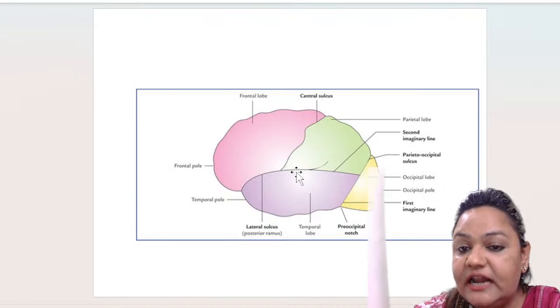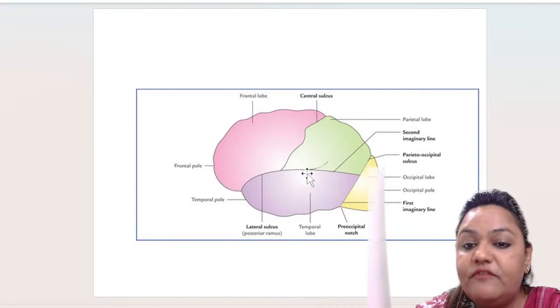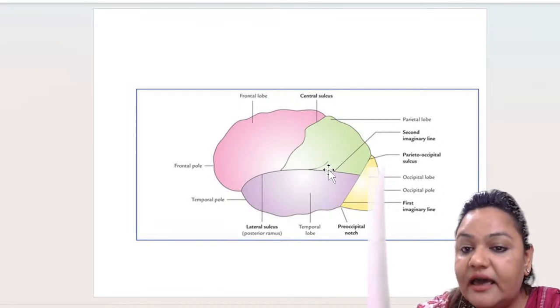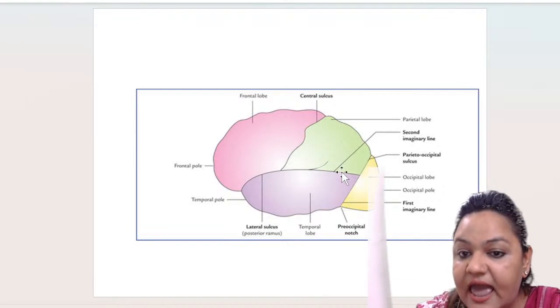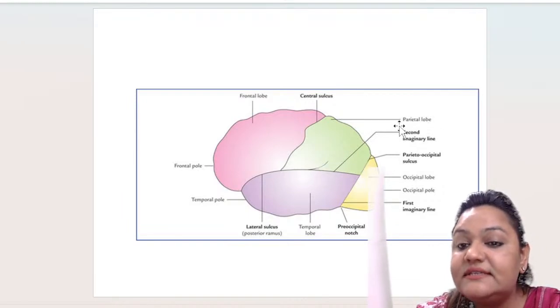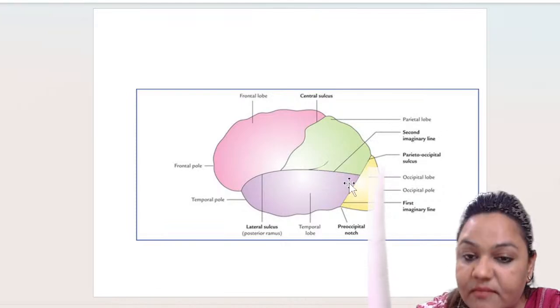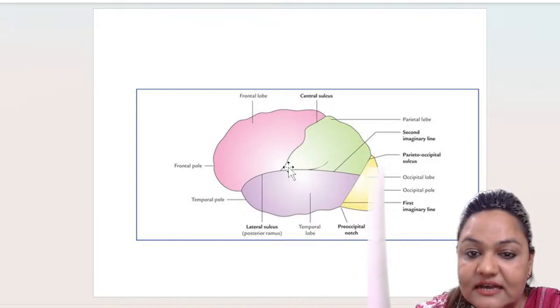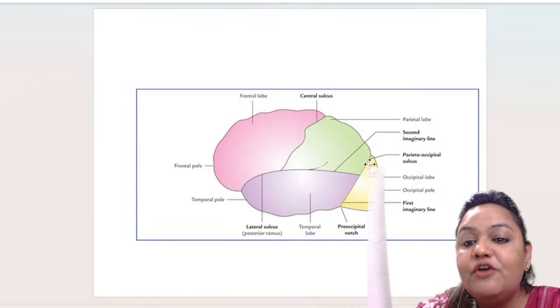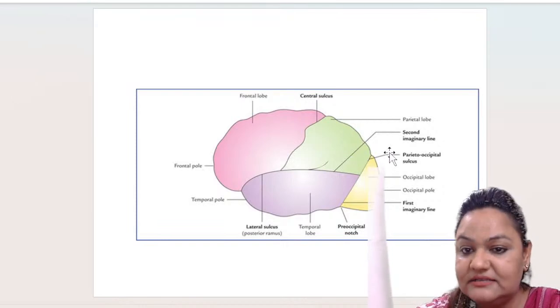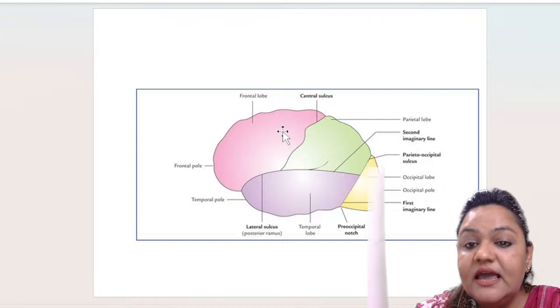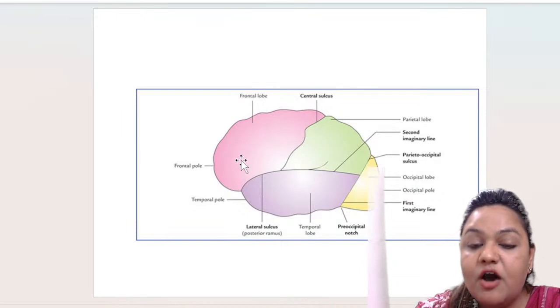This second imaginary line, we will draw it from the posterior end of the lateral sulcus towards the first imaginary line, and this line is called the second imaginary line. So we have the first imaginary line, the second imaginary line, the central sulcus here, the lateral sulcus here, and the parieto-occipital sulcus here. So that's how you can see the lobe which is in front of the central sulcus or superior to the anterior part of the lateral sulcus.